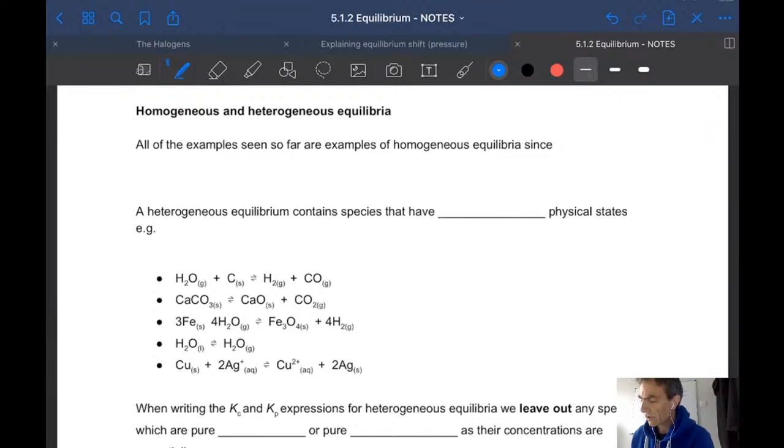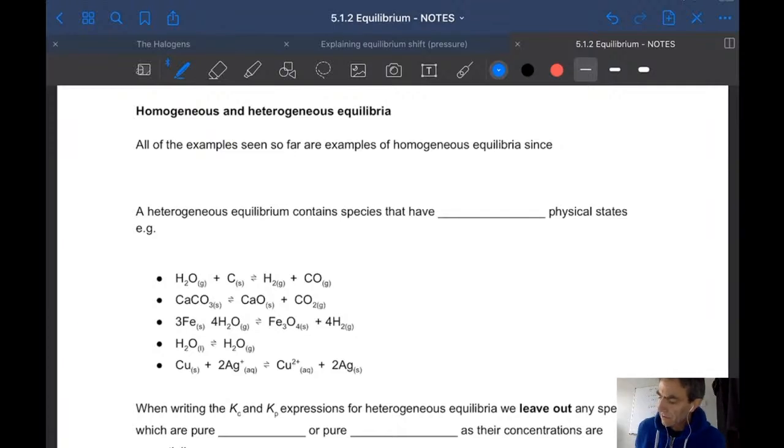In first year you tend to get asked to explain the shift in equilibrium in terms of Le Chatelier's principle, whereas in second year you could still be asked that, but you might also be asked to explain it in terms of the equilibrium constant. So it's a slightly different way of explaining it.